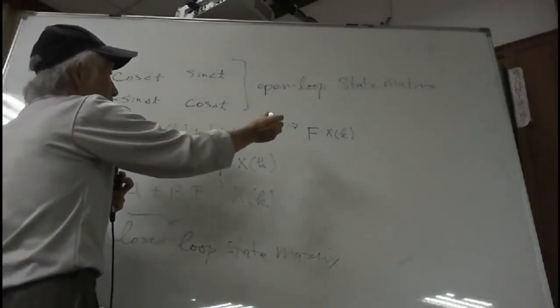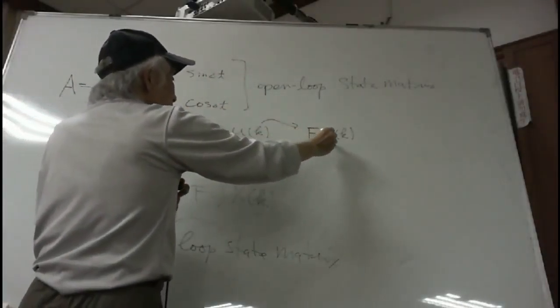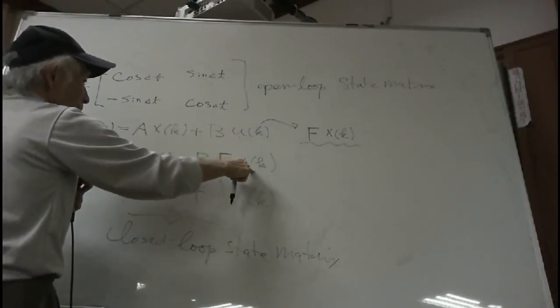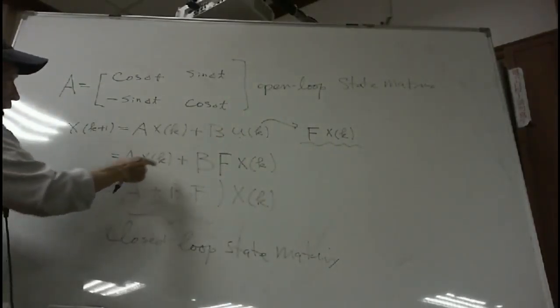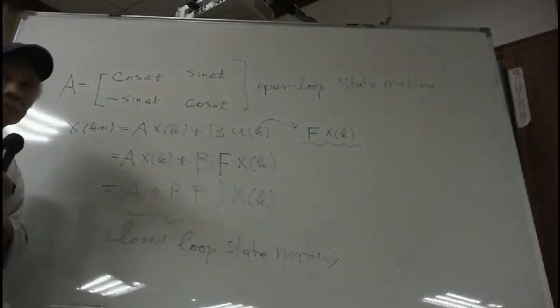U, my control force equal to Fx. So I substitute u as F x k. So that means A plus B F x k.